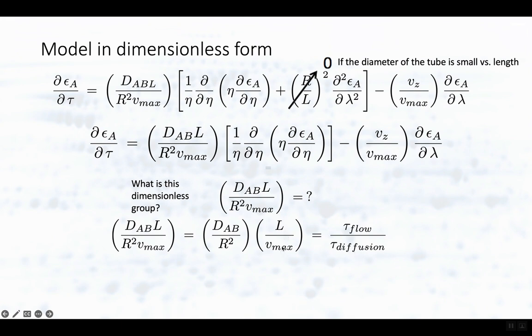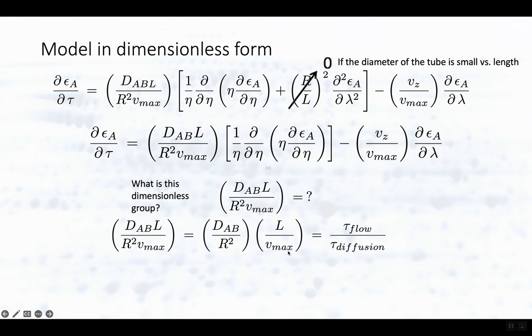Okay, L over V max we've already talked about. This is the time it takes for the bolus to move, or the initial part of the bolus to go from z equals 0 to z equals L. The faster we're moving, the shorter that time. The units here, length per unit time, put time in the numerator.